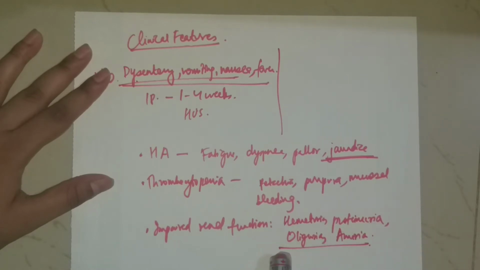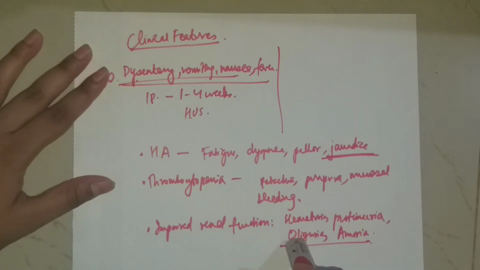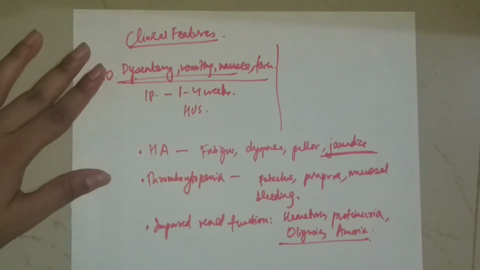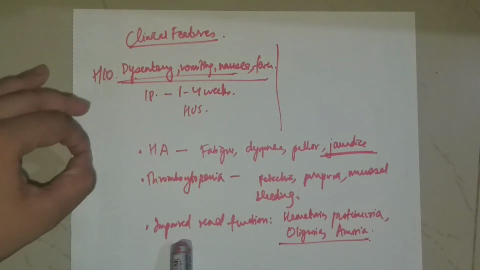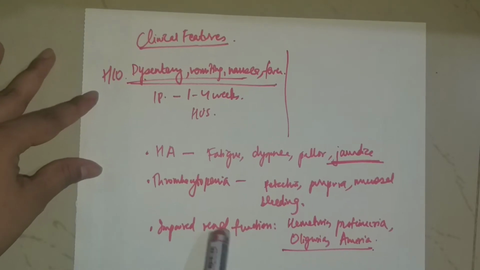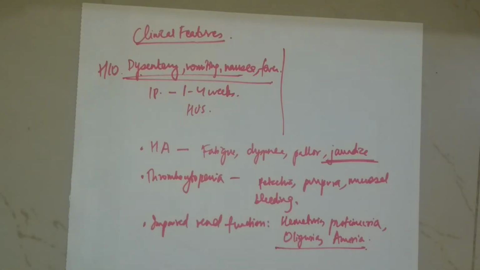If there is acute kidney injury, or it progresses to end stage renal disease, there might be anuria.